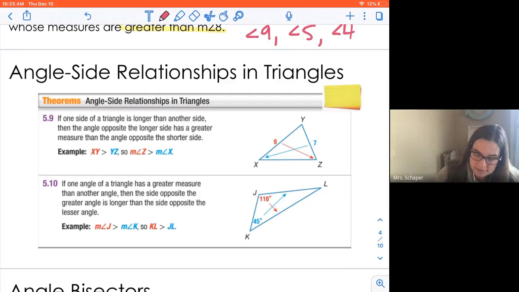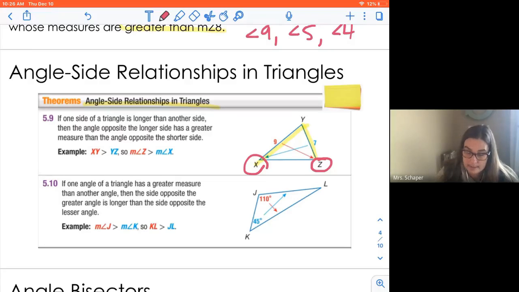So the angle side relationships in triangles. What this is saying in this triangle is if XY is more than YZ, then the angles opposite each other have the same relationship. So if XY is more than YZ, which it appears to be because one is 9 and one is 7, the angle opposite XY is going to be greater than the angle opposite YZ.